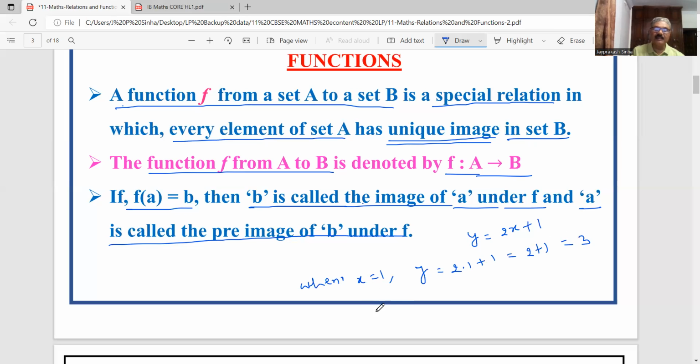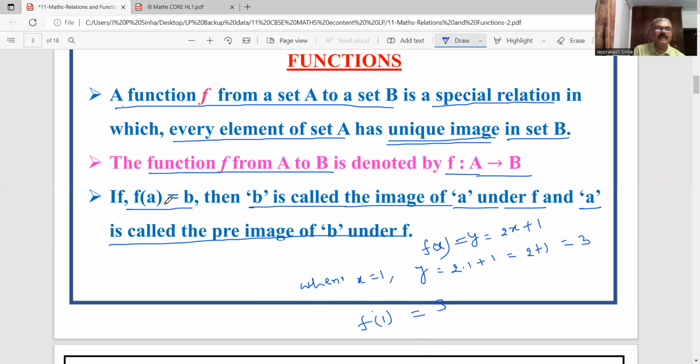This y we can also write as f(x). f(x) means function of x. So y is a function of x, and that is equal to 2x plus 1. So the same thing we can write as follows: f(1) is equal to 3.